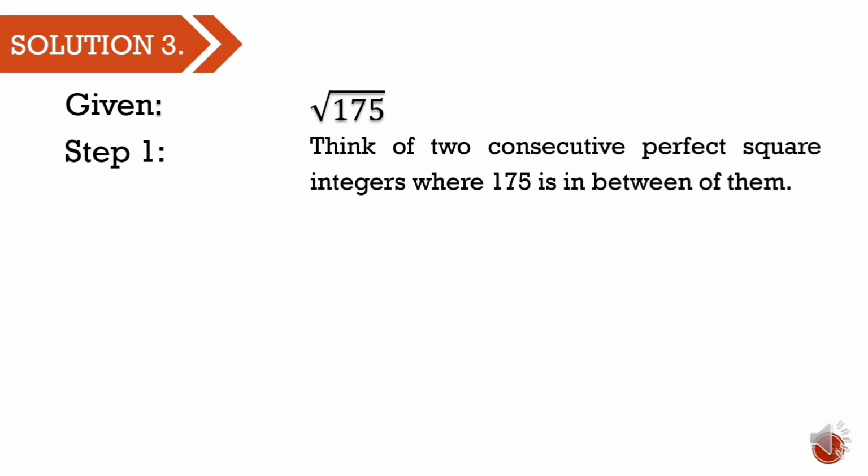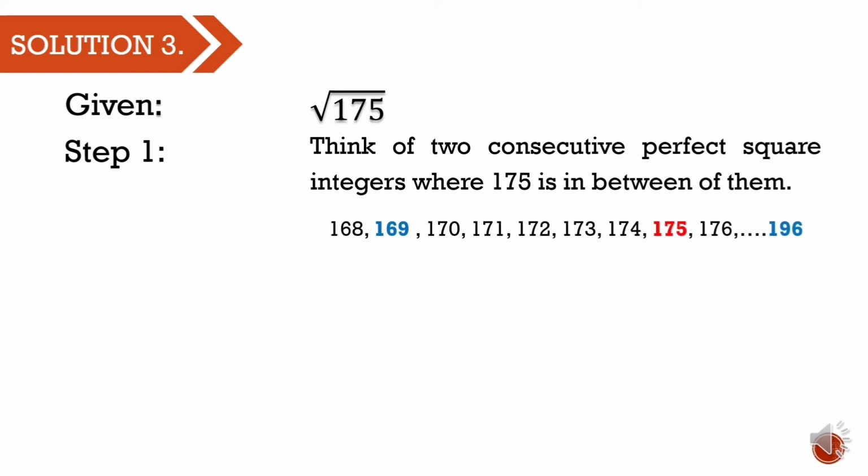Let's have the solution for number 3. Given the square root of 175. Step 1, think of two consecutive perfect square integers where 175 is in between them. As I have told you, if you have the list of perfect square numbers, you can easily identify those numbers. But if you haven't, you can use your calculator.